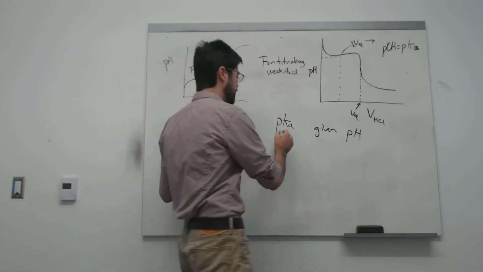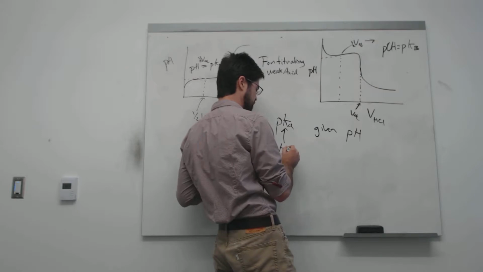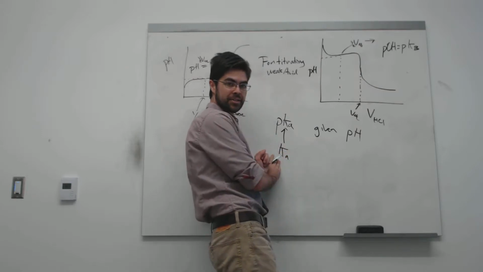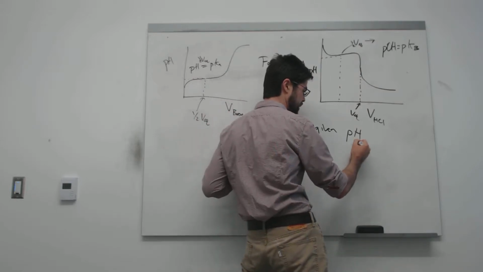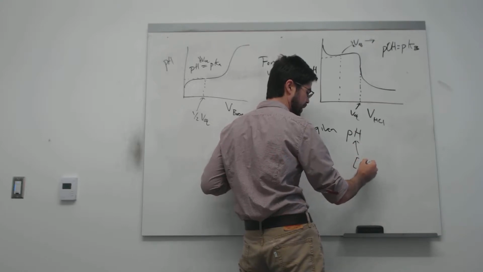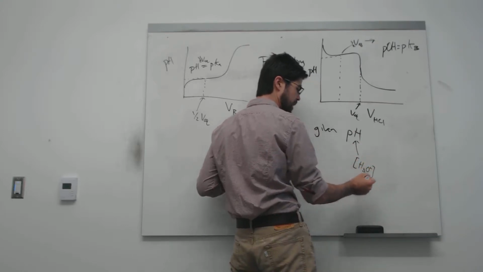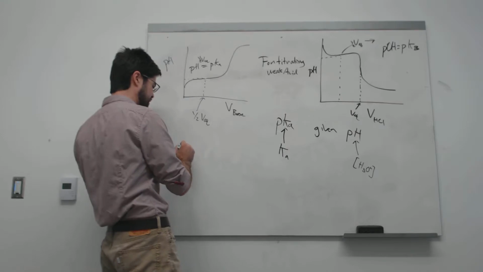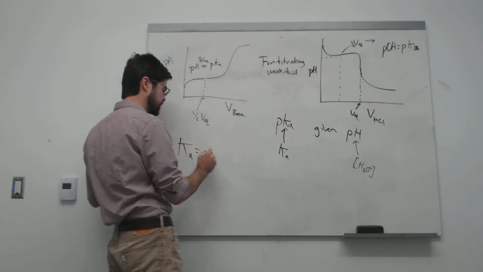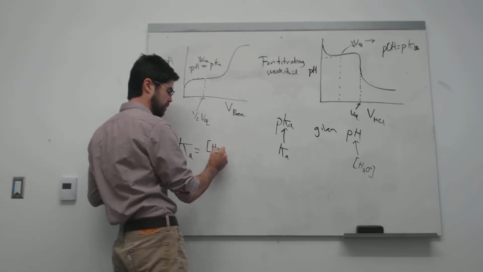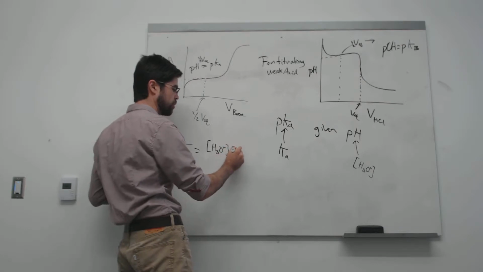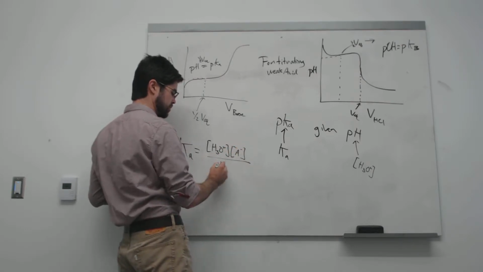Ka, we already asserted, is just a measure of the acid dissociation constant. The pH is just a measure of hydronium concentration. Those two are related to each other by the law of mass action for the acid dissociation.